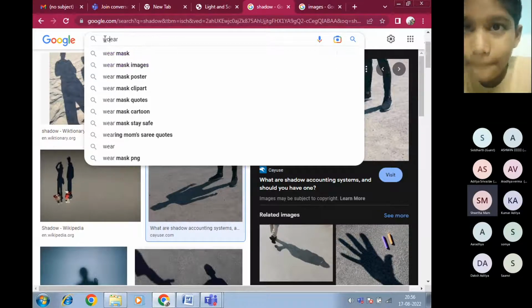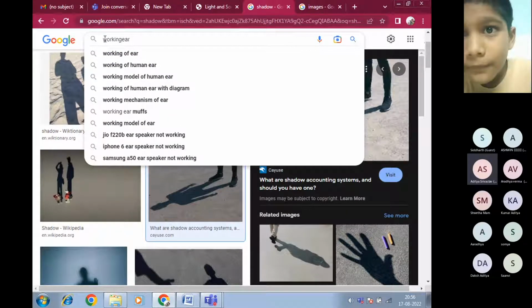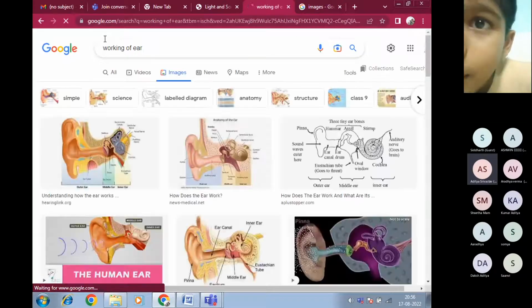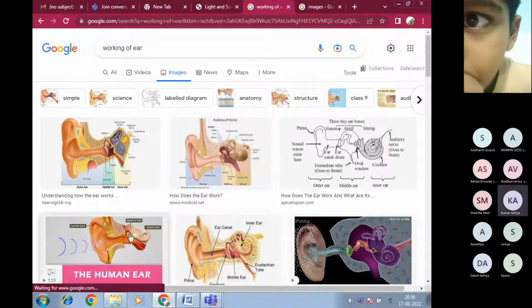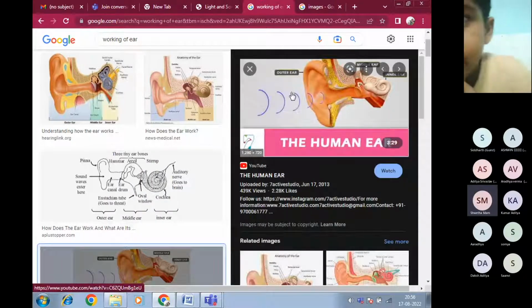What are the parts inside the ear? In class 5, there was a long note, one page or two pages. Okay, first let me show this image to you. So this is your ear's inner parts.